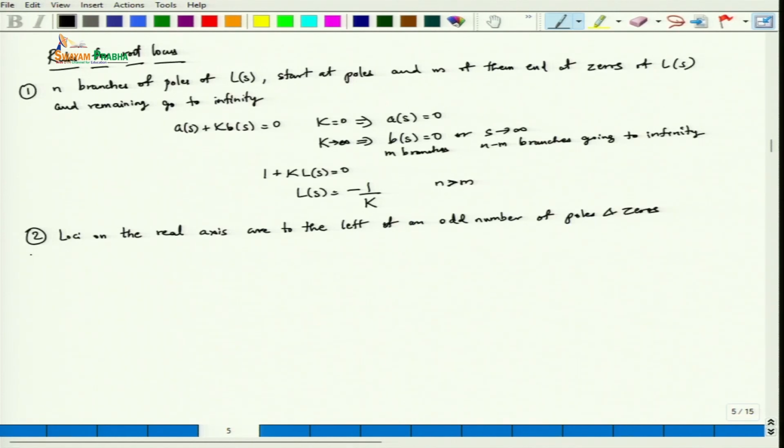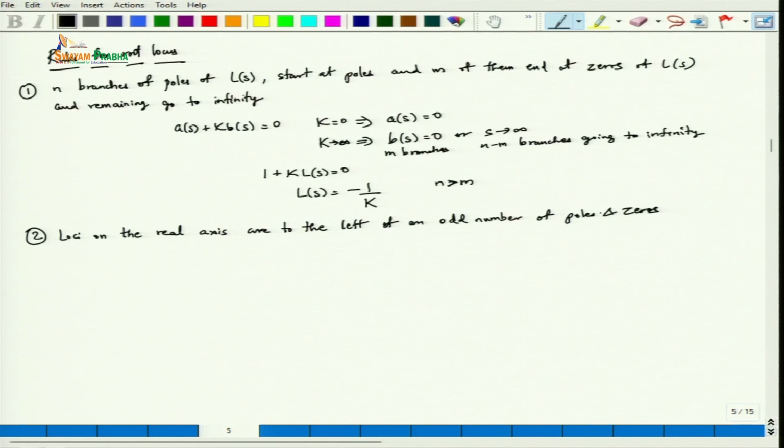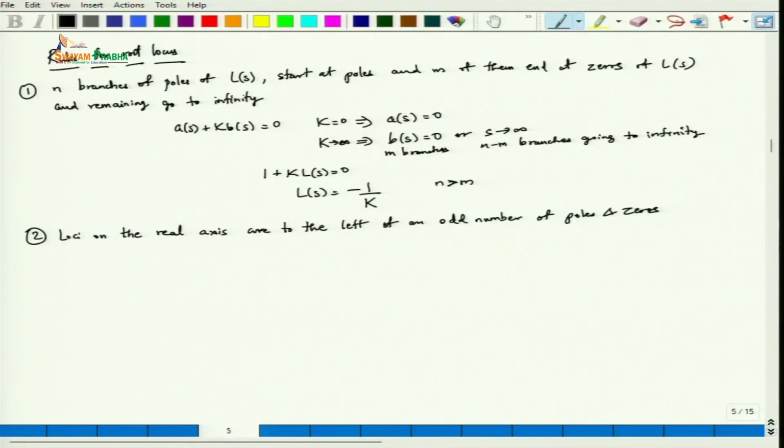We'll in a while come to examples about this, but the whole idea is you plot the pole zero map, and the only part of the real axis is the part which is to the left of an odd number of poles and zeros. This will be clear from the extensive number of examples we will be discussing after we complete all these rules.